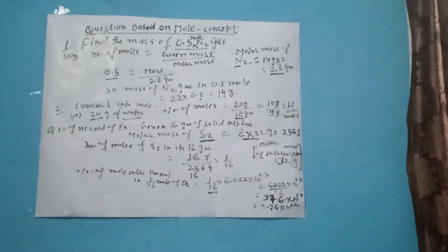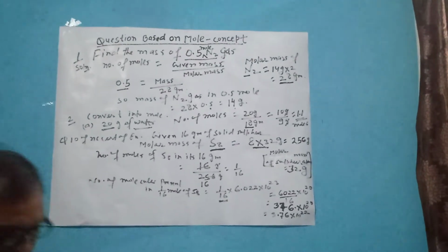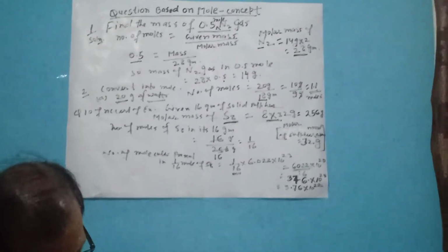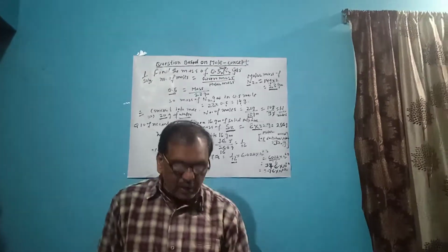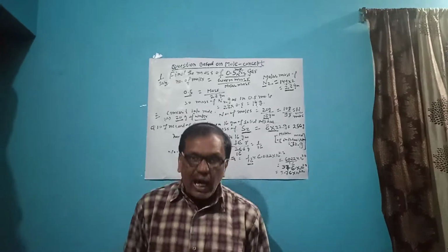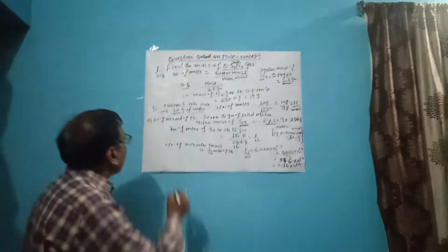Now another question is very important, question 11. Here also, calculate the number of aluminum ions present in 0.051 gram of aluminum oxide.